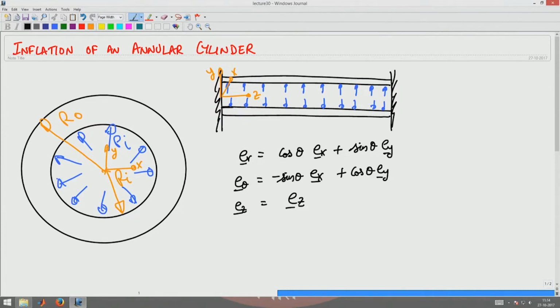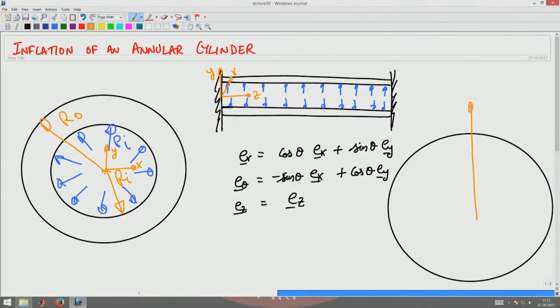Okay. Now, this is y and that is x. Any point in here has coordinates given by the radial distance r from there to here, and this is theta, the angular position of the point.